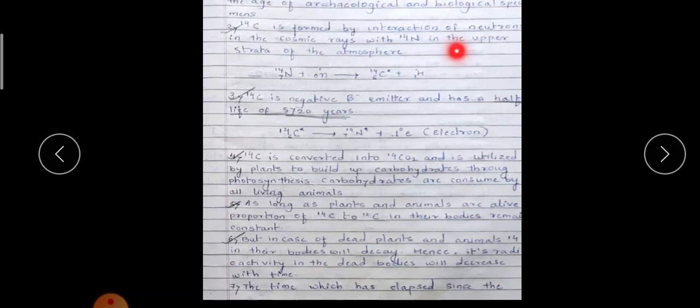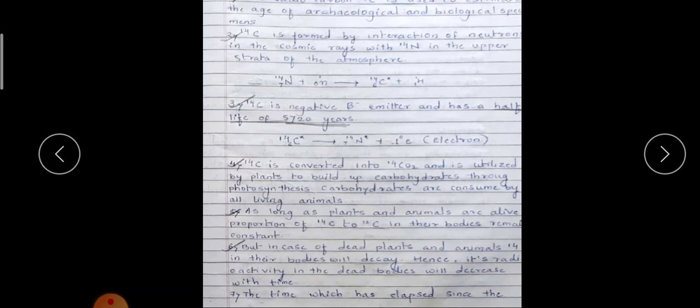But in the case of dead plants and animals, 14C in their bodies will decay. Hence, its radioactivity in the dead bodies will decrease with time. The time which has elapsed since the death can be calculated by determining the activity of 14C in their body and that of fresh 14C in the atmosphere.